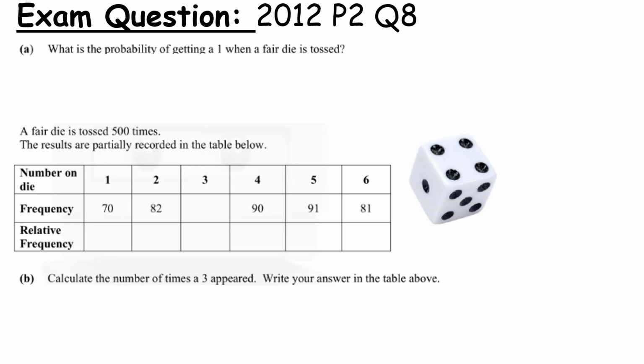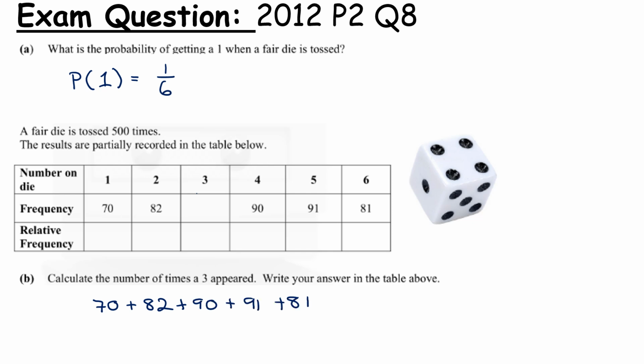So let's take a look at question 8 from the 2012 Junior Certificate Paper 2. What's the probability of getting a 1 when a fair dice is thrown? So there's 1 out of 6. So that's a nice straightforward question. A fair die is tossed 500 times and the results are partially recorded. Calculate the number of times a 3 appeared. So let's add together the frequencies that we already know.